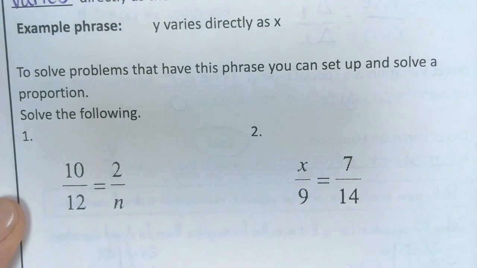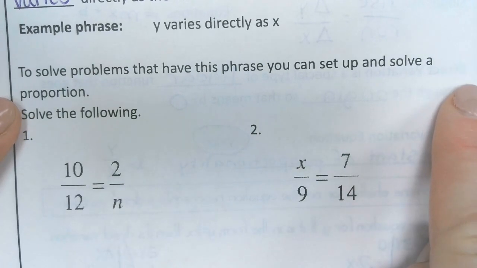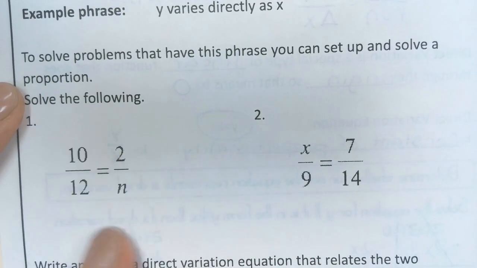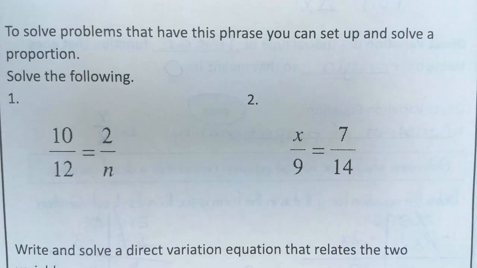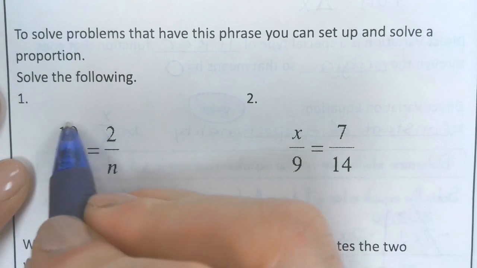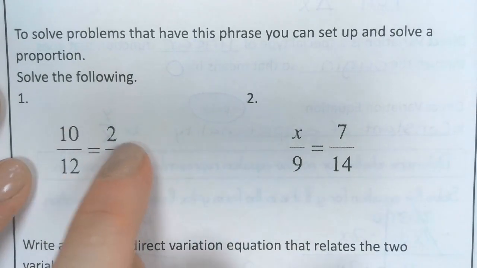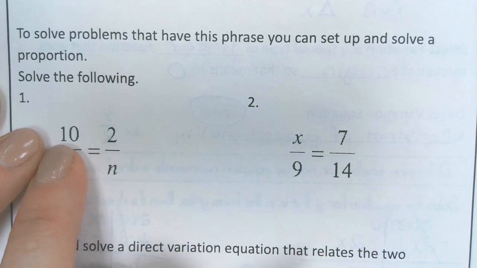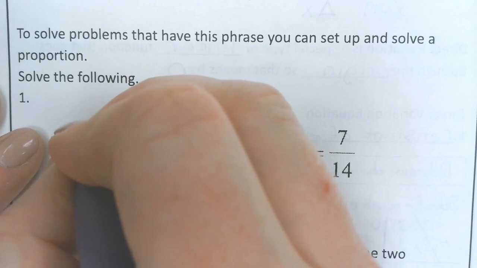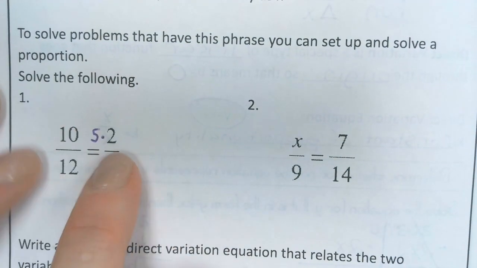To solve problems that have this phrase, you can set up and solve a proportion. Do y'all remember using proportions back in middle school? So look here. 10 over 12 equals 2 over n. Whenever we solve for this, we find the common multiplier, right? 2 times what is going to give us 10? 5. So times 5. Then that gives us 10.